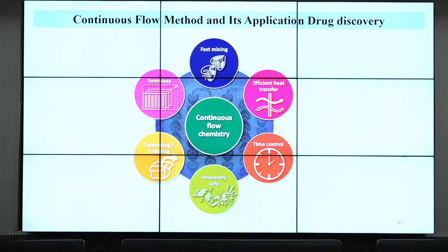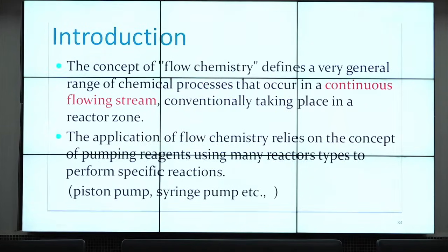So how does it work? The substrates should come into very quick contact, and you have to keep the substrates in different channels, so that the reaction rate will be faster. Accordingly, the continuous flow system conventionally has a reactor zone.